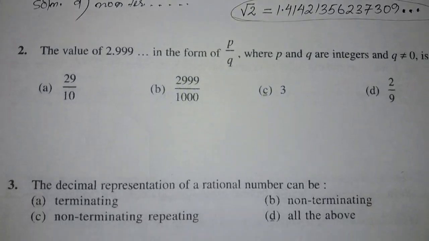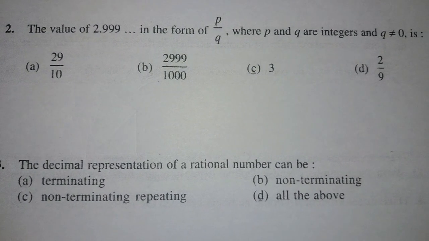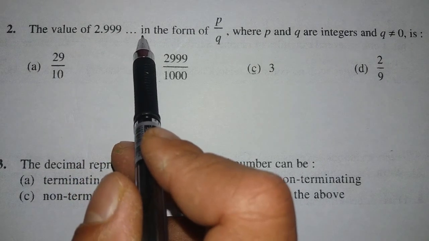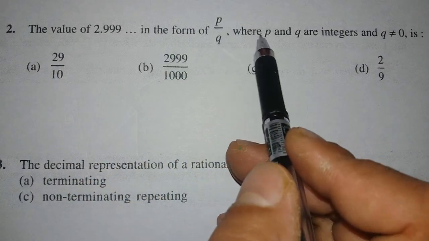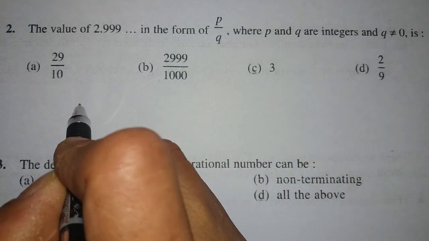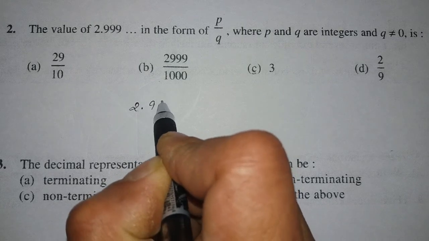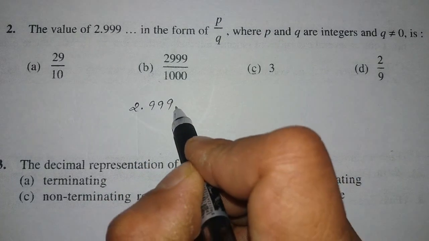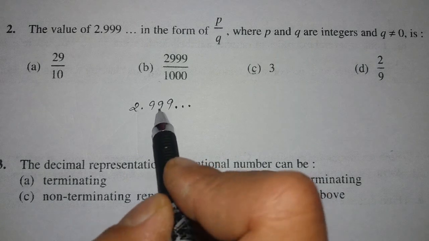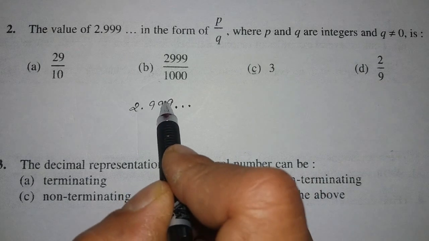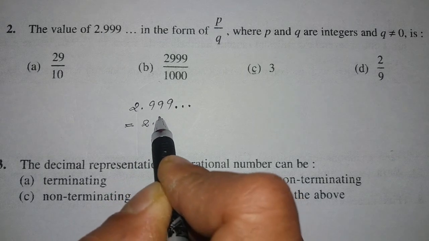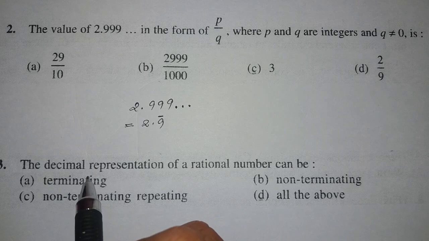And now question number 2. The value of 2.999... in the form p by q, where p and q are integers, q not equal to 0, is... okay, here 2.999 is a non-terminating decimal representation, but it is a repeating one because 9 is repeating. In short we can write 2.9 with a bar, which means 9 repeats.